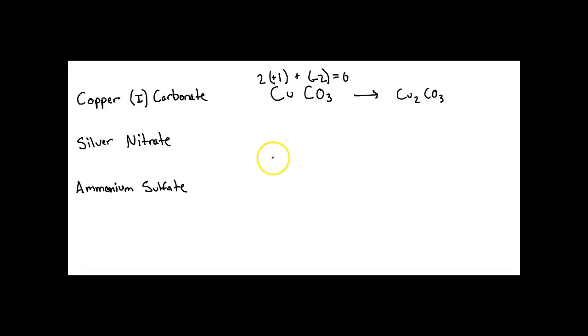For our next example, we have silver nitrate. We look at our periodic table. Silver is Ag, and nitrate on our polyatomic ion chart is NO3. So from our periodic table, we know that silver is a +1 charge.